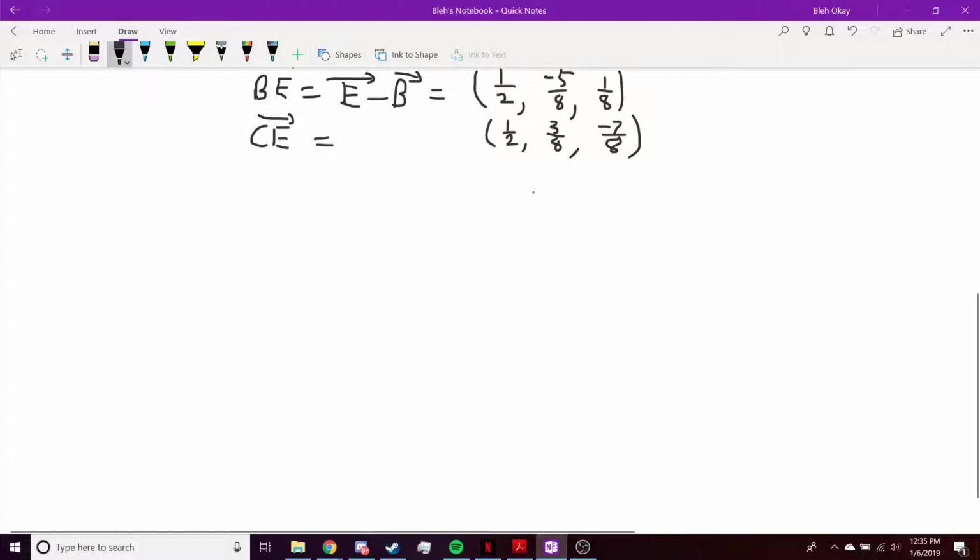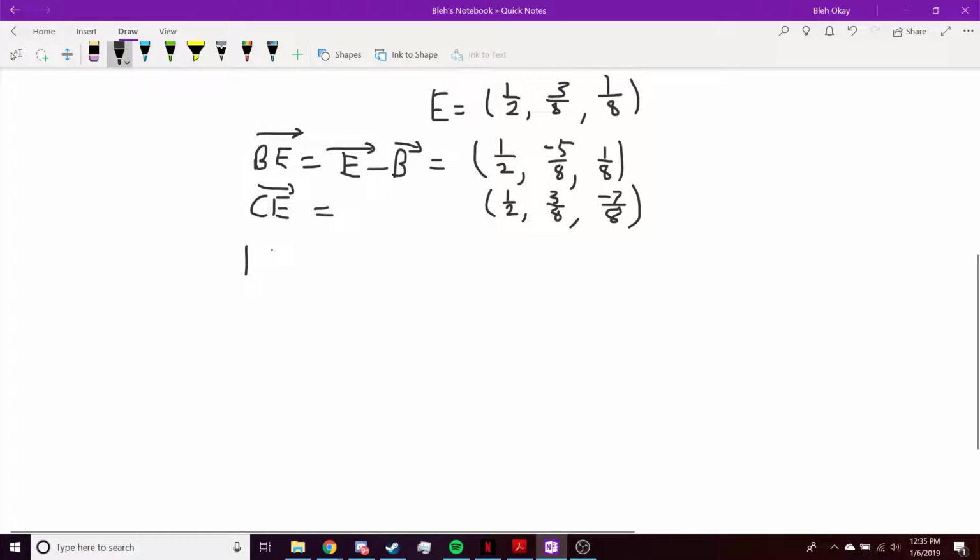And now we can use the distance formula, which says that the length of a displacement vector is equal to the cyclic sum of -a squared yz. And by cyclic, we just mean a goes to b, b goes to c, and c goes to a, x goes to y, y goes to z, and z goes to x.